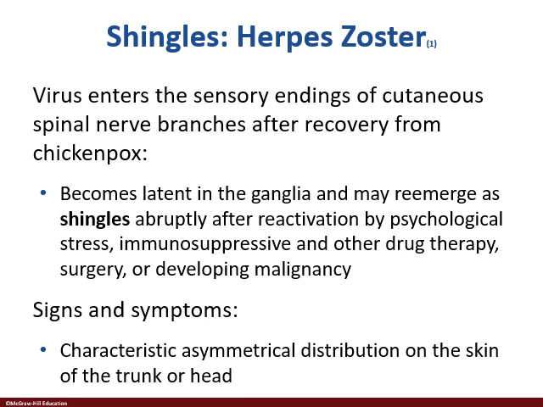What they're following is the innervation, because remember, it's going to be hiding in one nerve ganglion near the spinal column, and it's going to follow out wherever in the skin that nerve ganglia innervates.